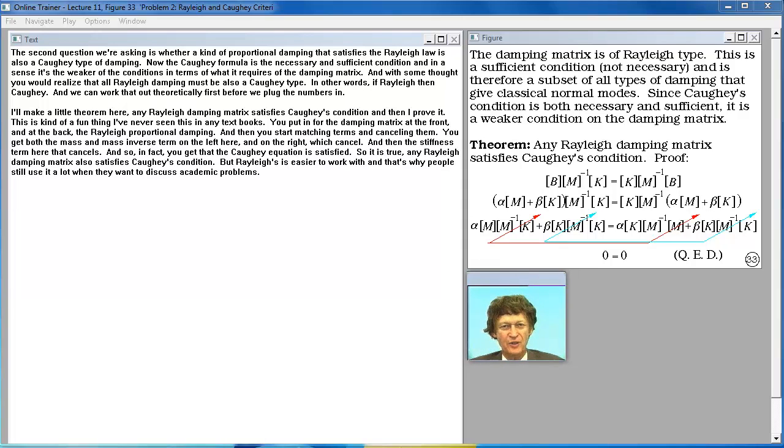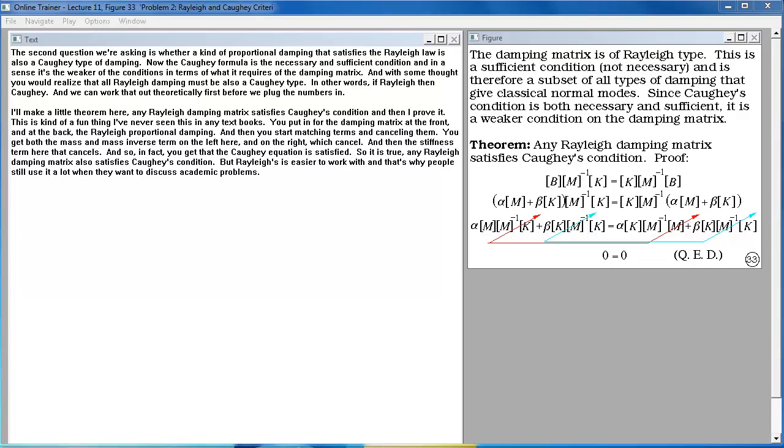The second question we're asking is whether a kind of proportional damping that satisfies the Rayleigh law is also a Caughey type of damping. Now, the Caughey formula is the necessary and sufficient condition, and in a sense it's the weaker of the conditions in terms of what it requires of the damping matrix.